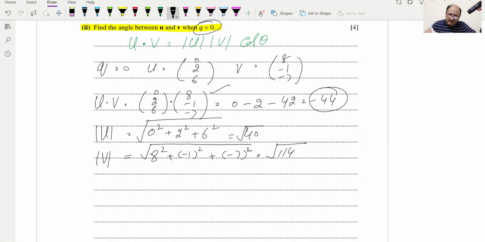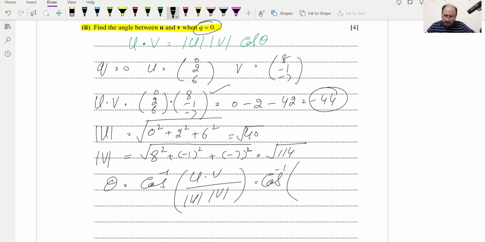Now we can replace in this formula. We can make theta the subject, and we can write theta will be equal to cos inverse of u dot v over u magnitude v magnitude, in brackets. Now we can replace the values: cos inverse of minus 44 over square root of 40 times square root of 114.